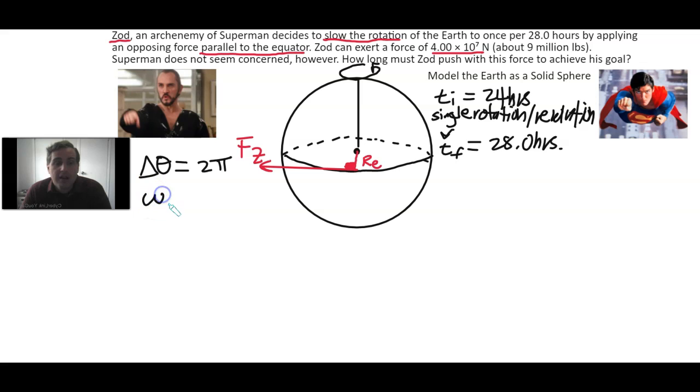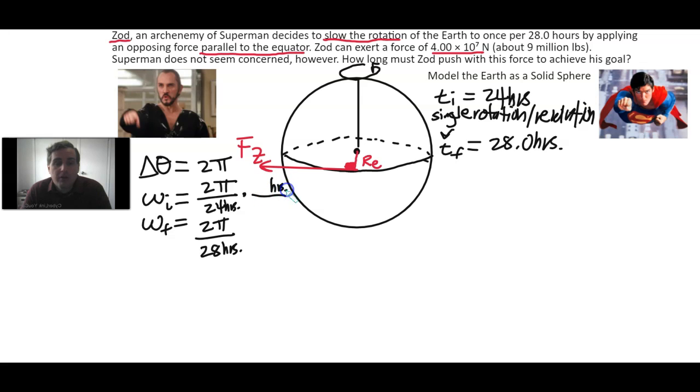So omega initial and omega final should be 2 pi radians over 24 hours and 2 pi radians over 28 hours. So we need to get that 24 hours into seconds, because radians per second is going to be the primary unit we'll work in.